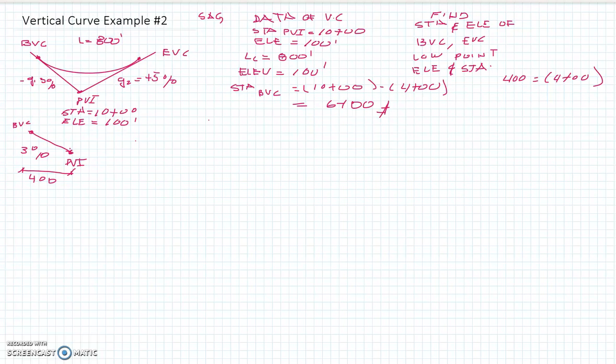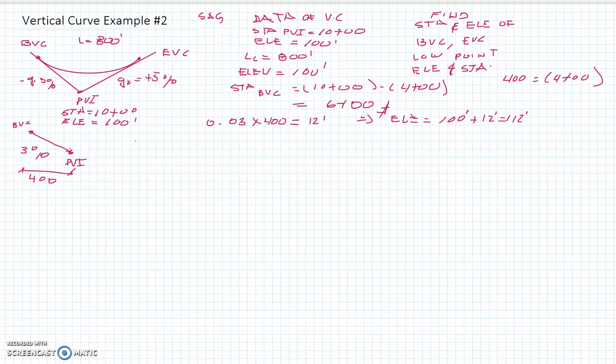I just multiply 0.03 times 400, which equals 12 feet. So my elevation will be 100, which is the PVI, and I have to add 12 because I'm going up. So that's 112 feet. That's my elevation.